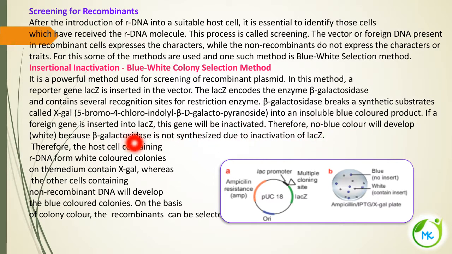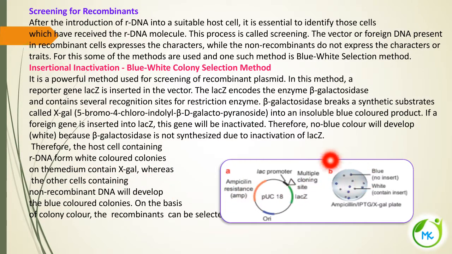That's why it is called insertional inactivation. Because we are inserting the foreign gene in the lacZ place, the activity of the enzyme is inactivated and its production is stopped. So it is called insertional inactivation. The host cell containing rDNA cannot form blue colonies, so it will form only white colonies on the medium containing X-gal.